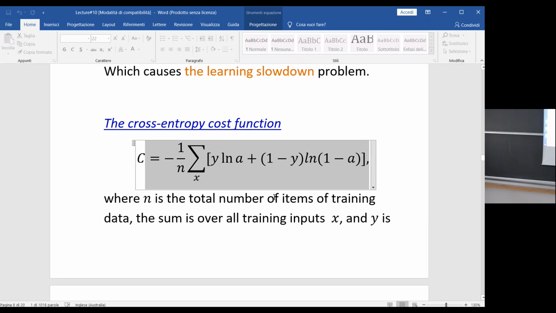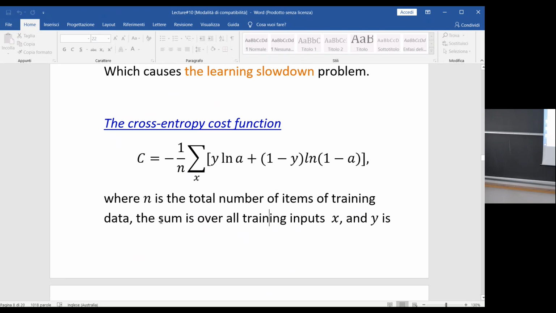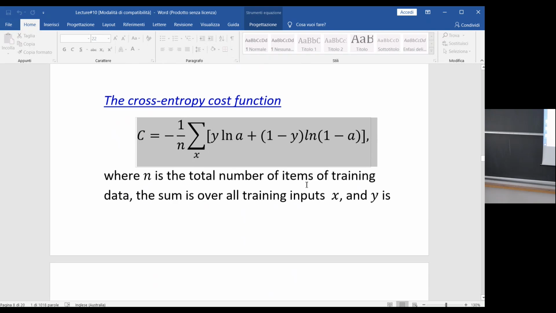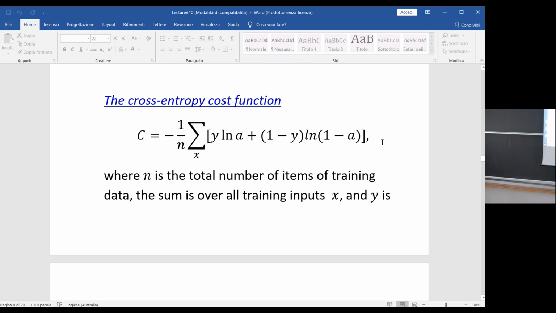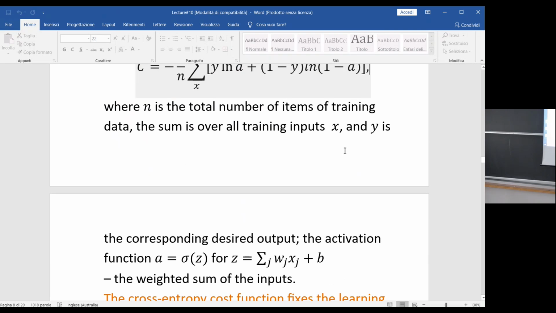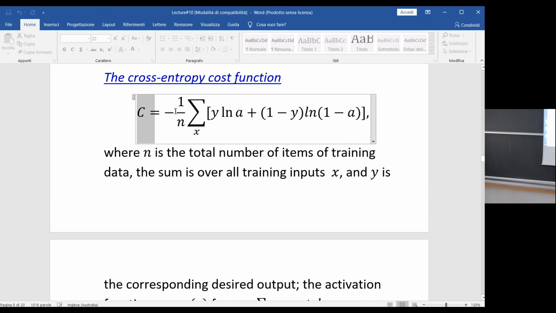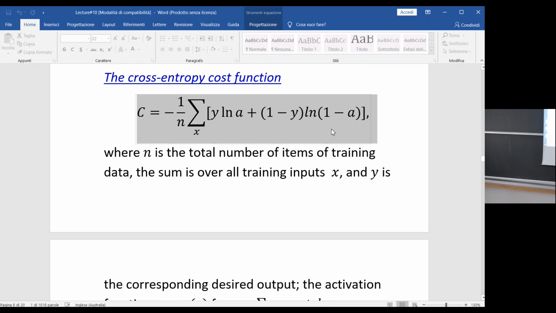It is very similar to the probability cross entropy, but not properly, because probability always has the normalization by 1, the formula of complete probability. But here we have a generalization of the entropy function without probabilistic normalization. So we have such an expression of our new cross entropy cost function.